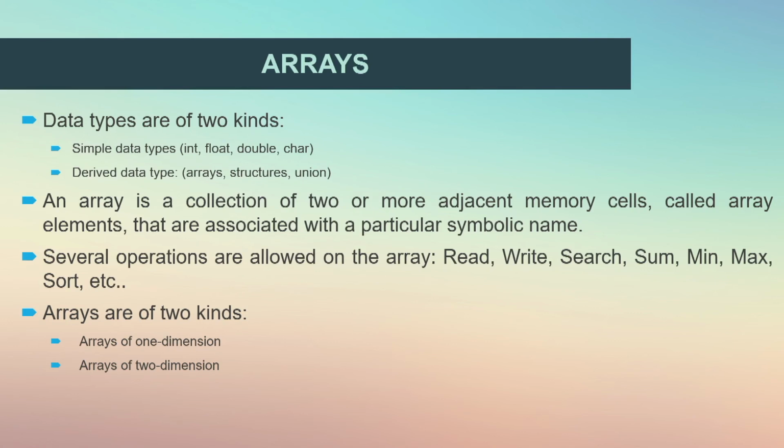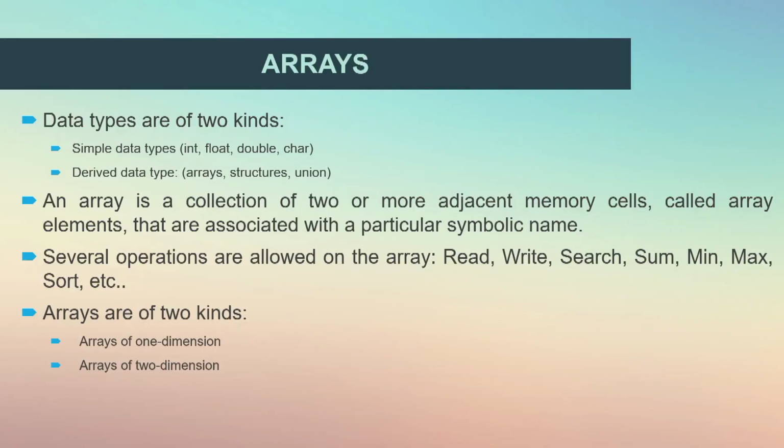What sort of data types can we have in C language? Simple data types include int, float, char and double. Derived data types include arrays, structures and unions. So, since an array uses contiguous memory locations and stores a collection of elements, we can classify arrays as a derived data type.